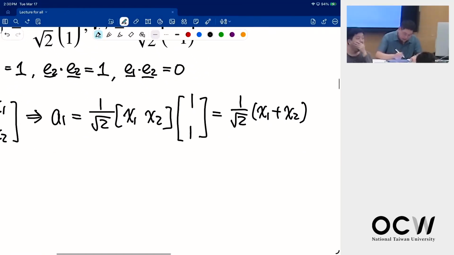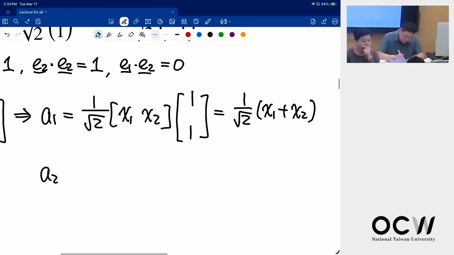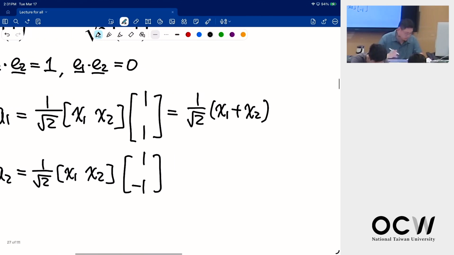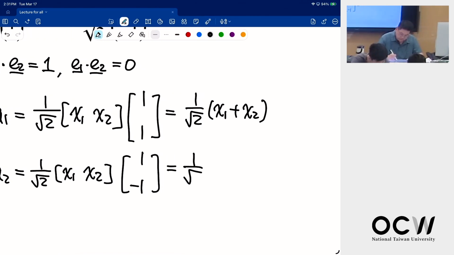And then the coefficient a2 is 1 over square root of 2 times x1 minus x2.